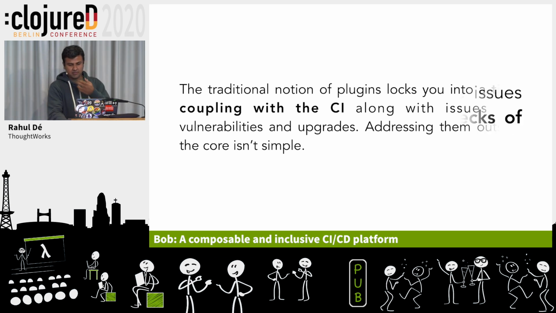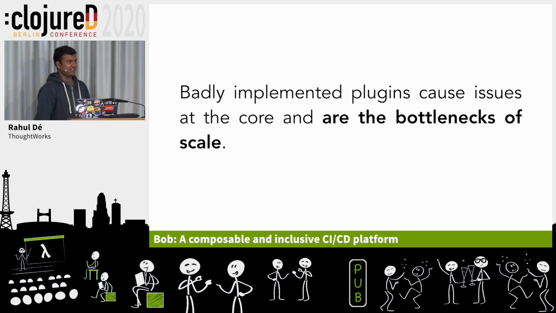Plugins often become the bottlenecks of scale as well. If they're written badly, for example, if they do the clone pretty slowly, the whole CI grinds to a halt because of a wrong plugin, because it has been loaded into a very fundamental part of the CI. It shouldn't be there.